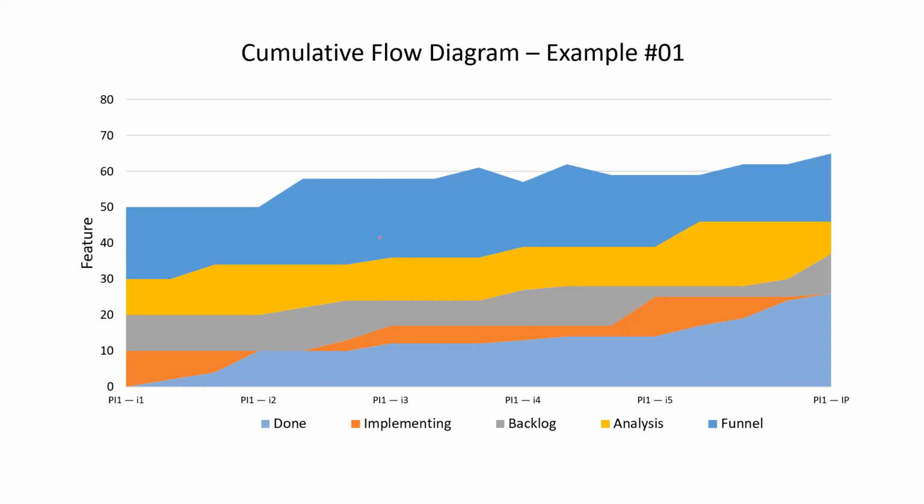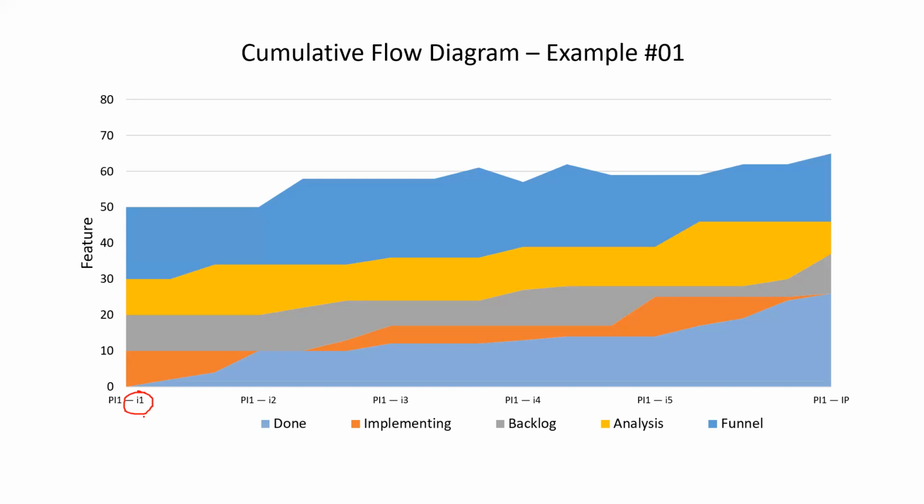So let's quickly take a look at it. And here the I1, it is iteration one. Let's go step by step or phase by phase. So the first starting point is I1, or it is iteration or sprint one.